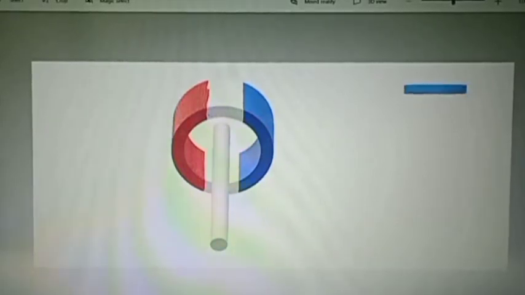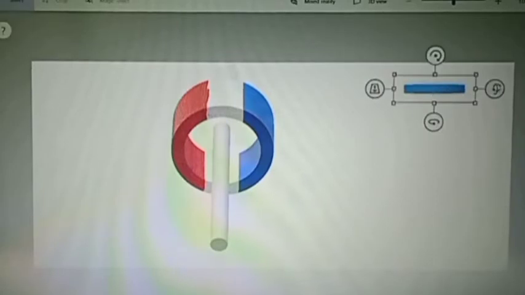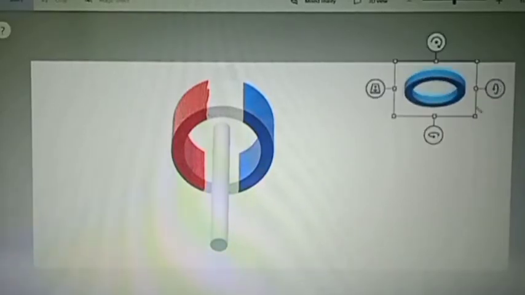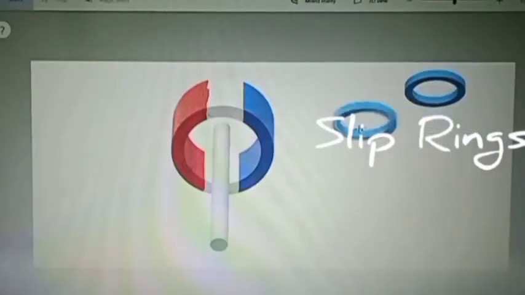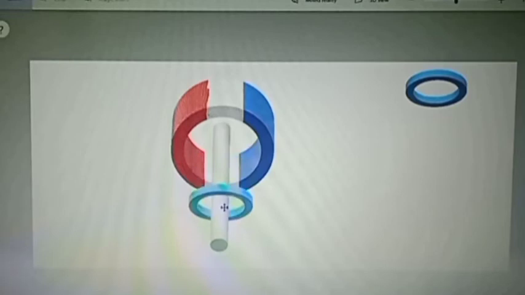I'll tell you that in a DC motor there is a split ring, but in an AC generator there is a slip ring. These are two metal conductors and they are slip rings. So what is a slip ring actually?